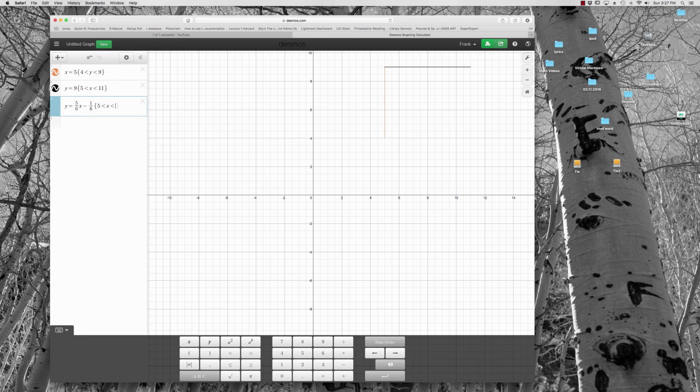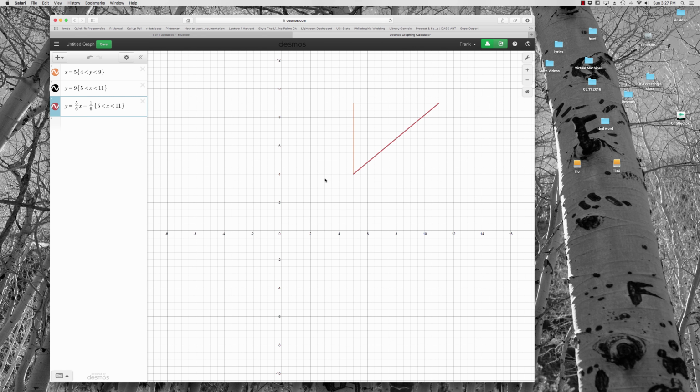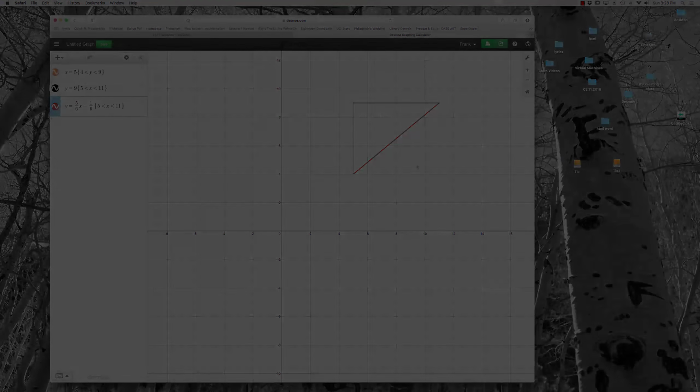From 5 less than x less than 11. Let's close it. And there it is. Not bad. Not bad at all. It works perfectly. Okay. So let's do the next example.